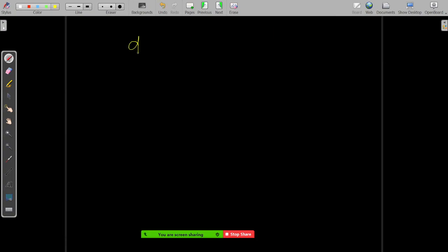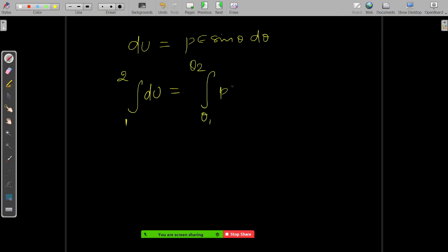So you have got a formula saying the change in potential energy is equal to P E sine theta d theta. From your initial position to the final configuration, theta goes from theta 1 to theta 2, and it will be P E sine theta d theta. It is all totally up to you whichever angle you want to take the difference between.